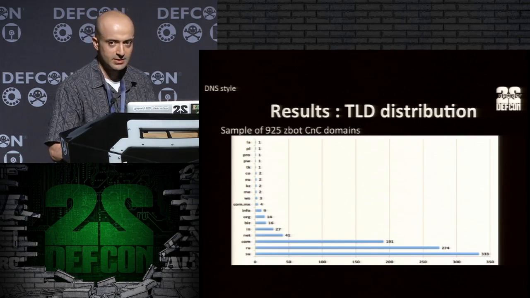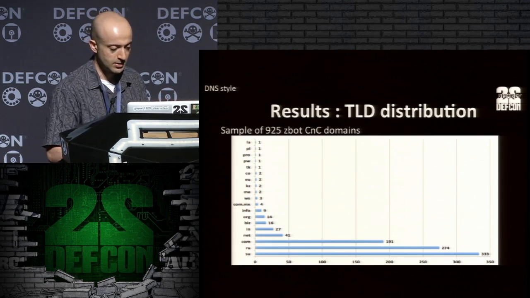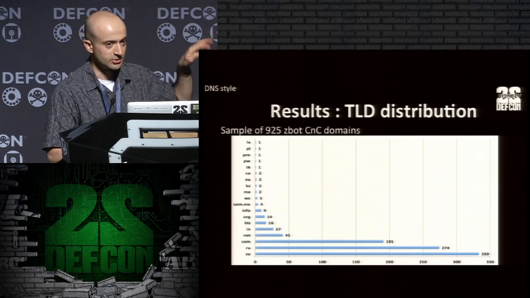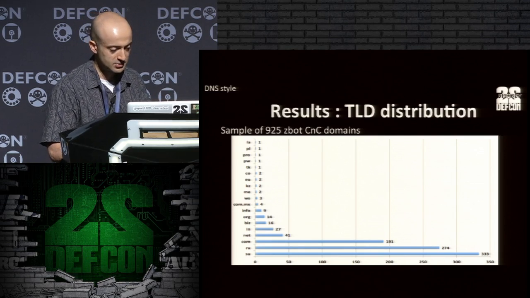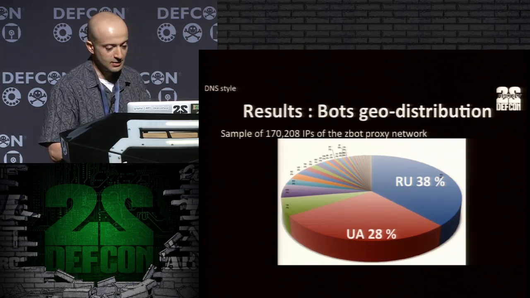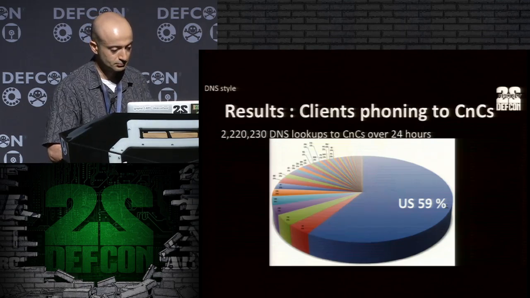Now, let's look at the domains and their structure, where they come from. So they are abusing mostly .ru and .su, so this is another indicator about the origin, the geographical location of the actors, I would say. And then if you look at the bots, where are they located, you'll see them mainly in Russia and Ukraine. So again, this is an Eastern European operation to some extent.